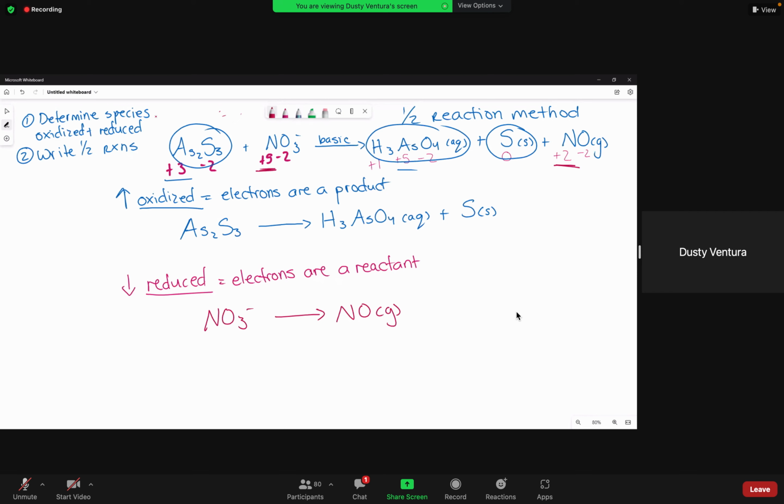Okay, now we're actually going to begin to balance. You balance things in a specific order so as not to make your brain explode. We balance all atoms other than hydrogen and oxygen.